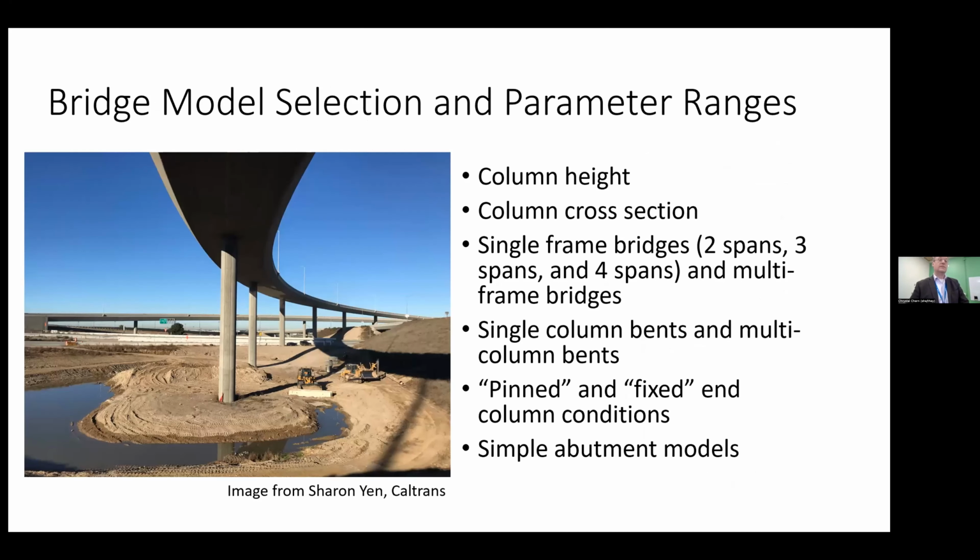Okay, so the single columns, how does this translate to bridge models? And this is where we currently are more or less with the project. This is an image that I don't think Sharon took, but she gave it to us as an example.